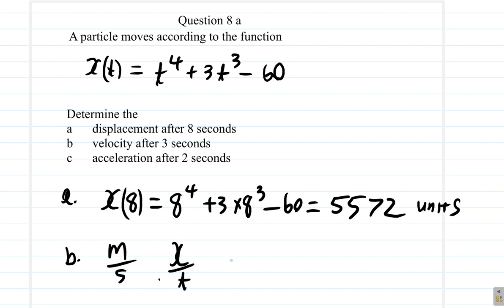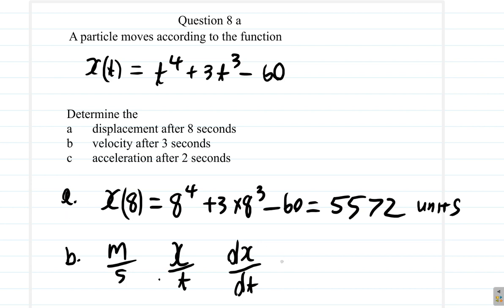So what we're going to find is the derivative of distance with respect to time, so it's dx by dt. That means we're going to differentiate with respect to time.